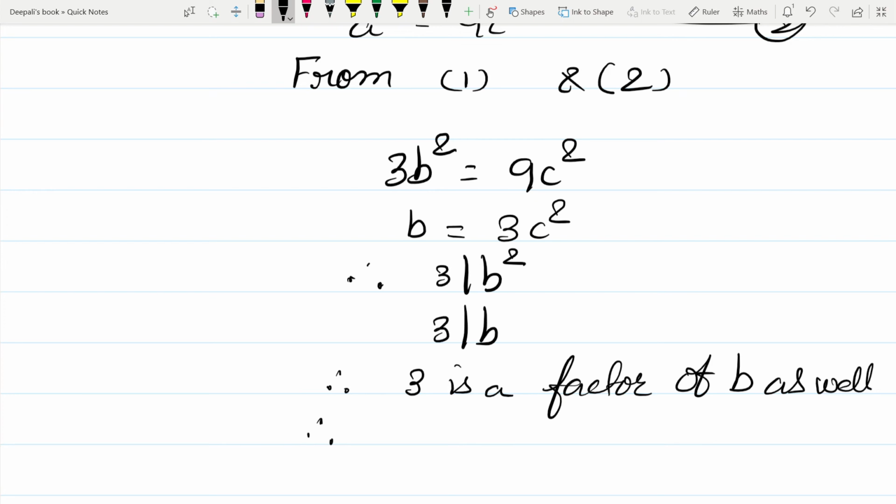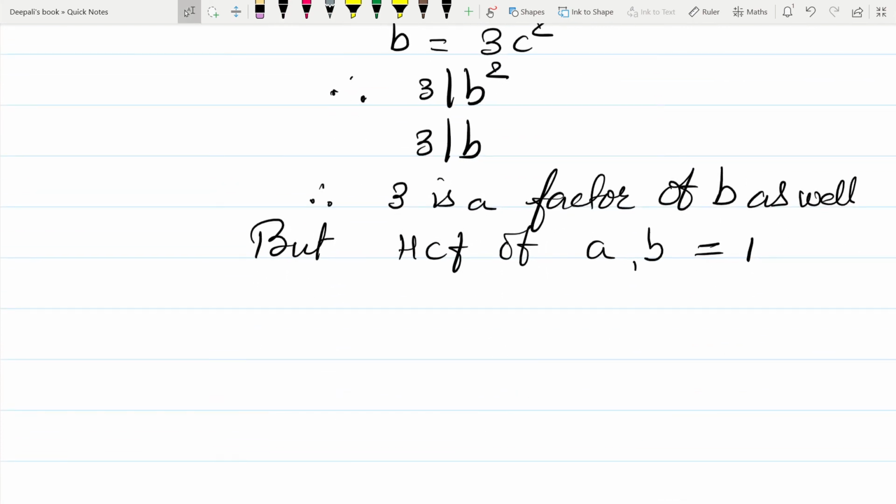But HCF of a and b is equal to 1. Therefore, root 3 is not equal to a rational number.